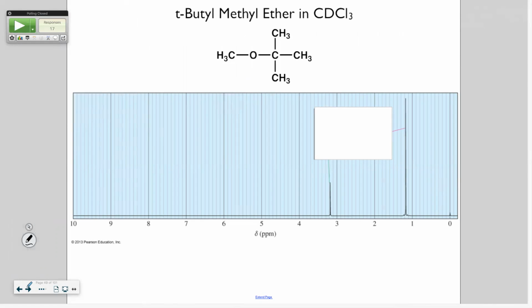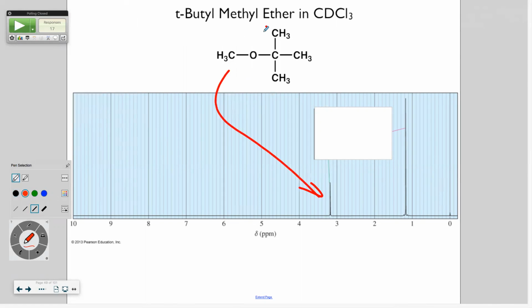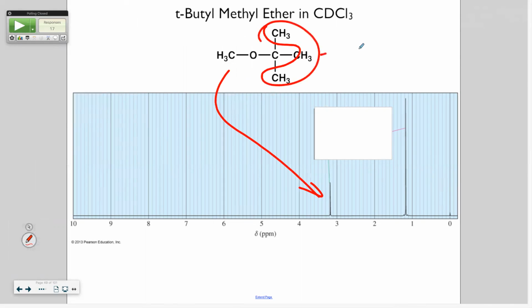Okay, this is t-Butyl methyl ether. And I think we saw it already. Which peak is the farthest downfield? The methyl is. This is this one. And these are all the same, right? Well, remember we mentioned that the heights of the peaks are directly related to the number of hydrogens that make up that peak.